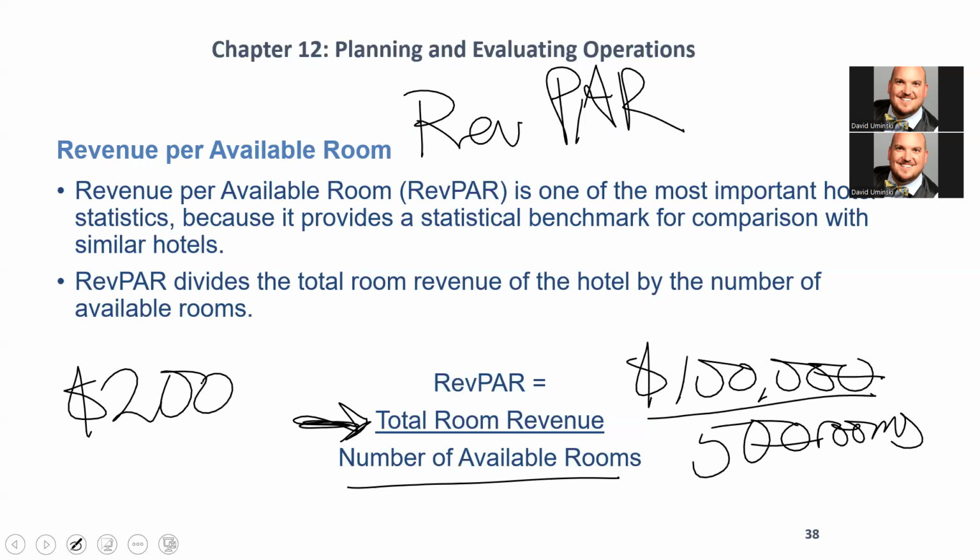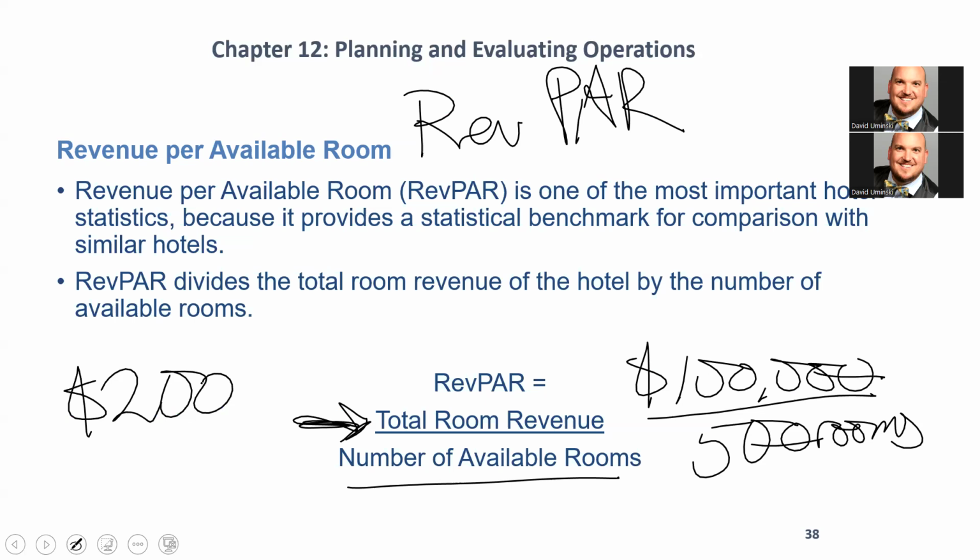Revenue per available room allows us to compare ourselves because every hotel doesn't have 500 rooms. Somebody in our comp set might have 300 rooms, right? Depending on what their room availability is, they can only have 300 rooms to sell.